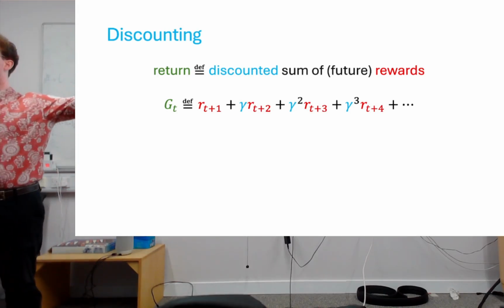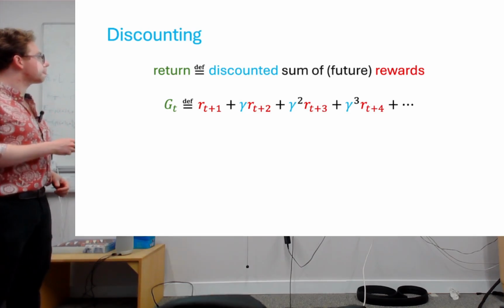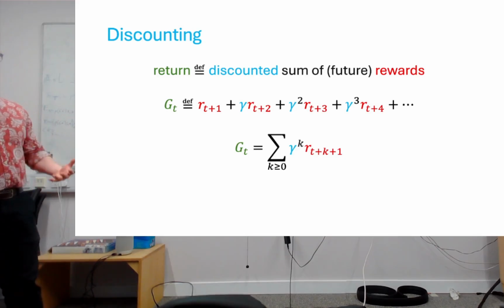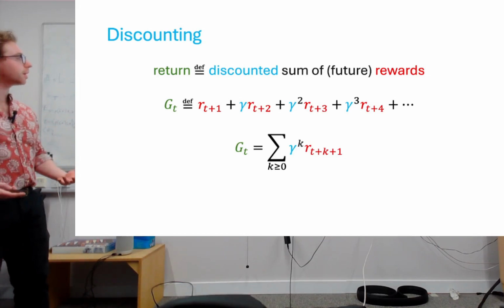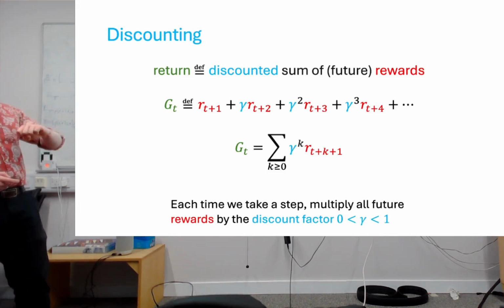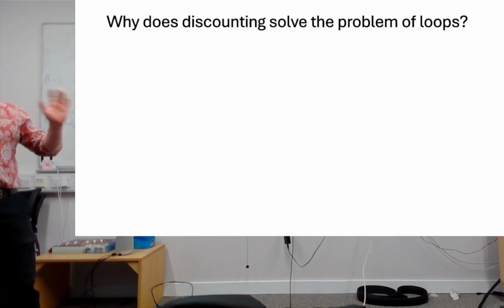Every time step I go further into the future, I pick up another discount factor. And here's a mathematical way of expressing it. Don't worry too much about this, but if you want it, it's there. So every time we take a time step, we multiply all future rewards by a discount factor that is below 1.